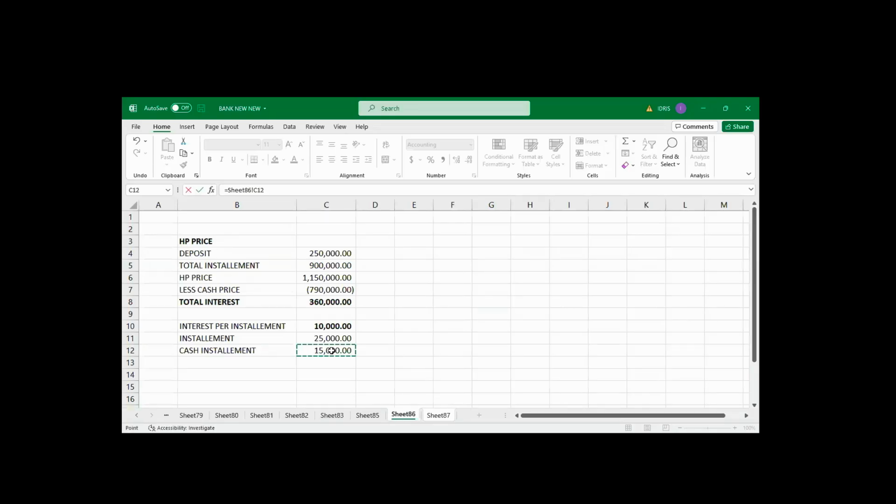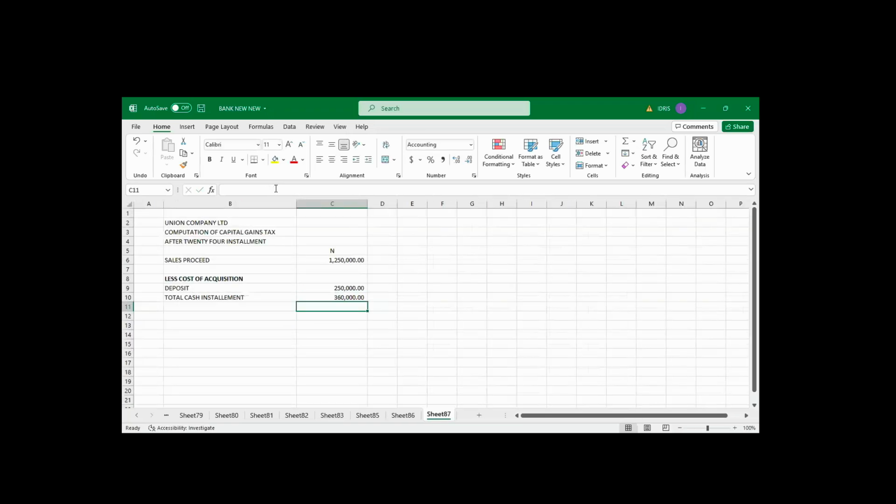We multiply it by how many months? 24, because they say after payment of 24 installments.